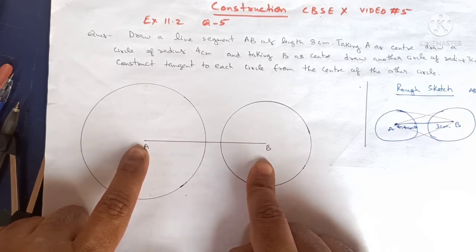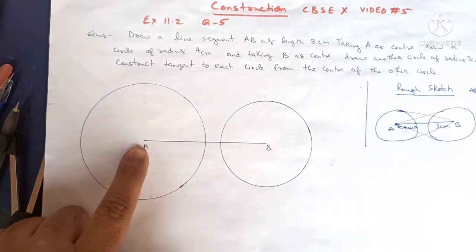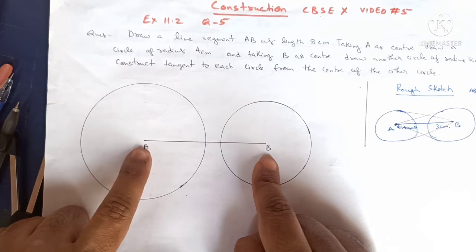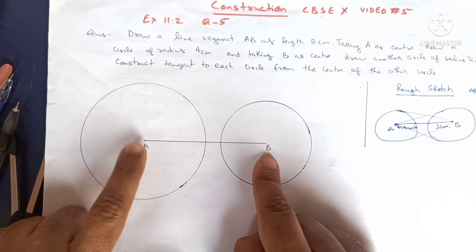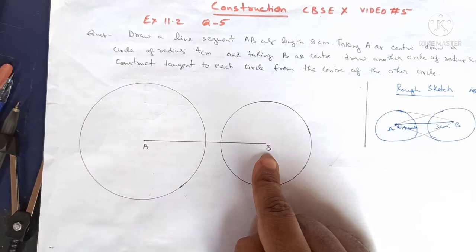So for both, we need to find the midpoint of this line segment AB, by drawing the perpendicular bisector of AB.